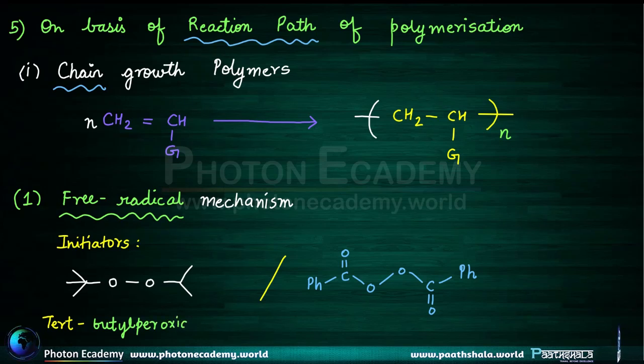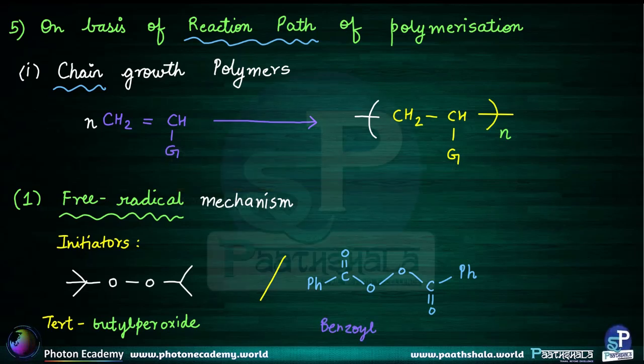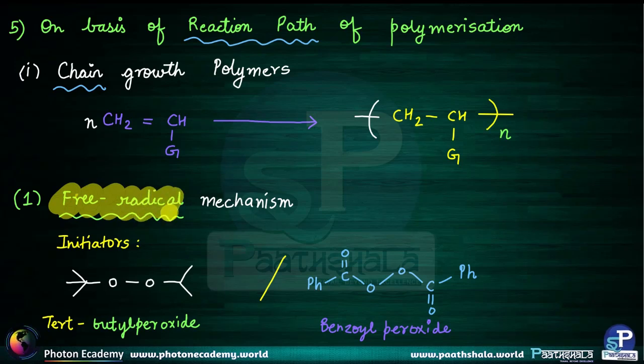The second initiator which we have drawn is called benzoyl peroxide. So these two are the initiators that we'll be using for the free radical mechanism, and as we can clearly see, both of them are peroxides.